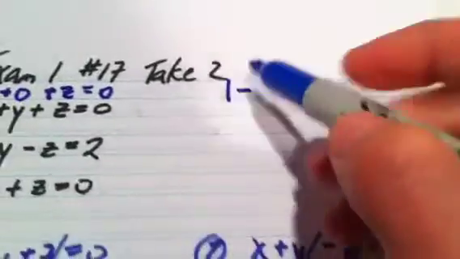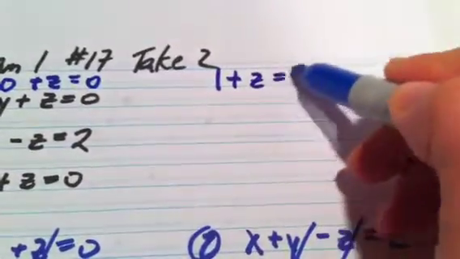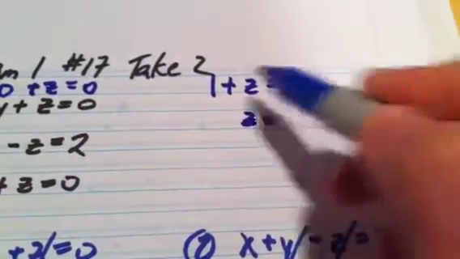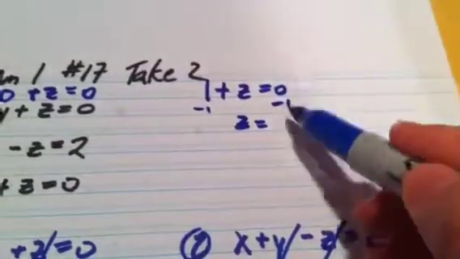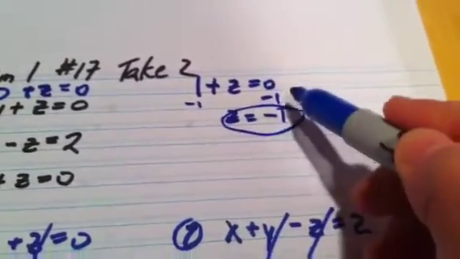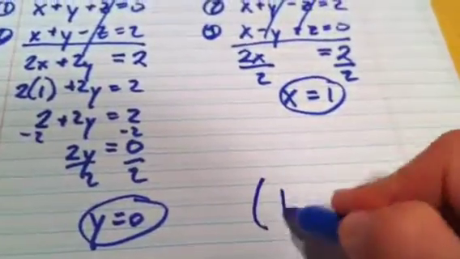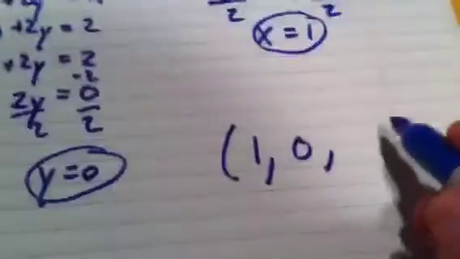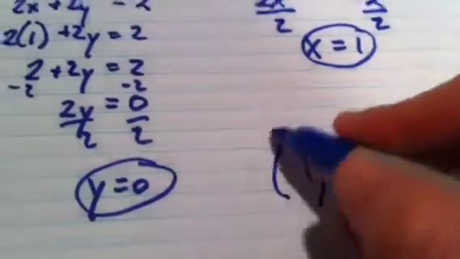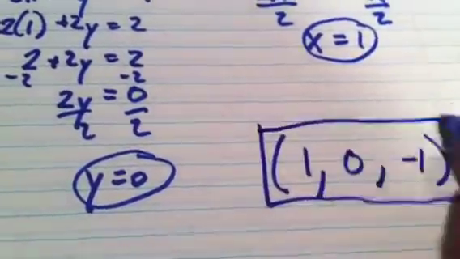So subtracting 1 from both sides, z would equal negative 1. So we should have them all. x was 1, y was 0, and z was negative 1. So that should be my answer.